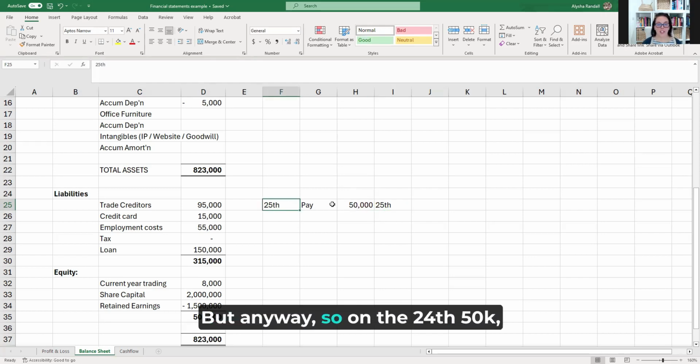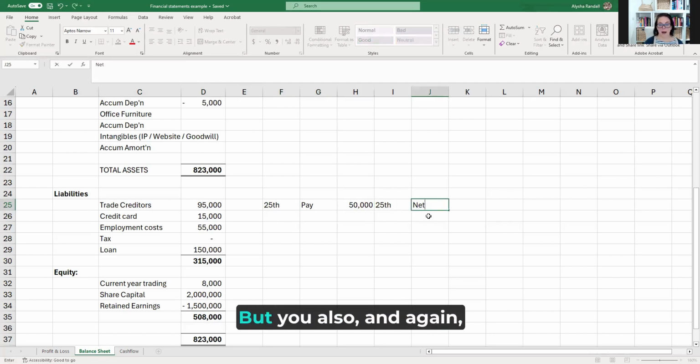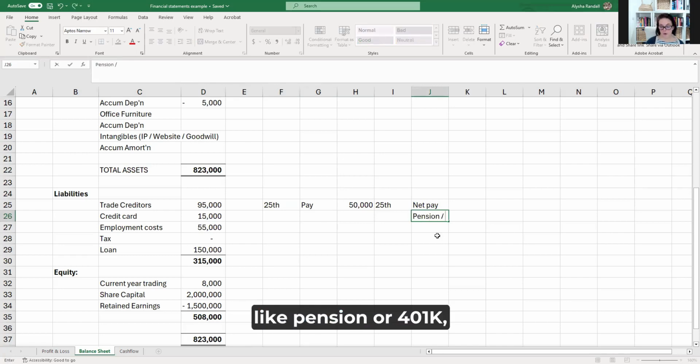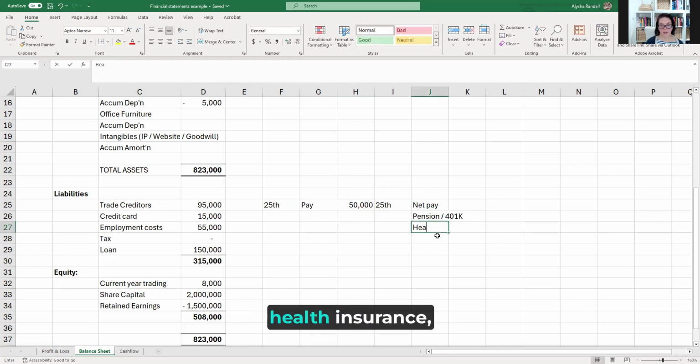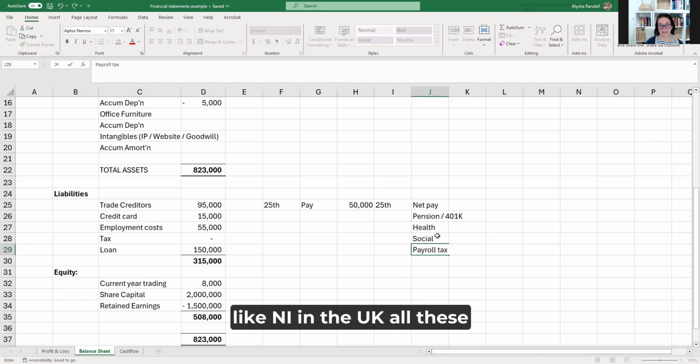But anyway, so on the 25th, you have to pay your employees. So that is your net pay. But you also, and again, this depends on which country you're in, you also have to pay things like pension or 401k, health insurance, social costs, payroll taxes like NI in the UK, all these different things, income tax.